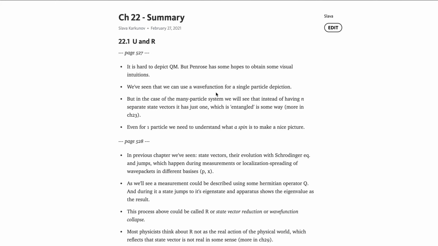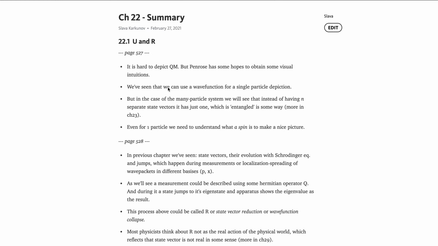In the first subchapter, Penrose makes an overview of the previous chapter, and he says that it is hard to depict quantum mechanics, but he is voting for digging for some visual intuition there.